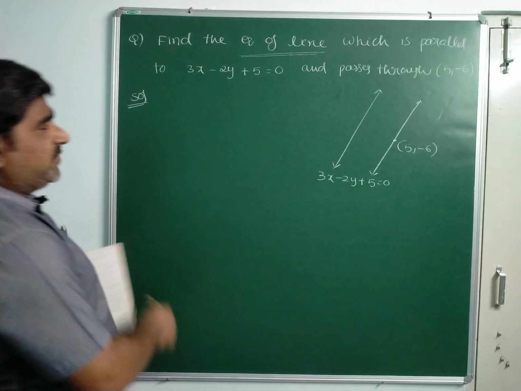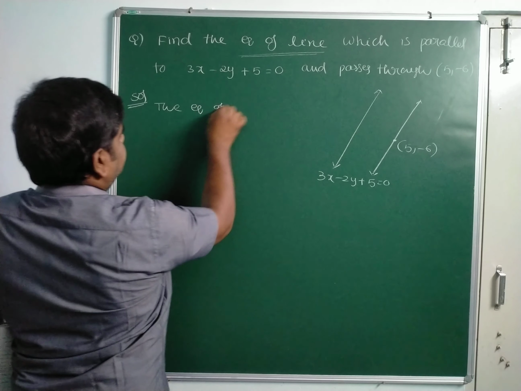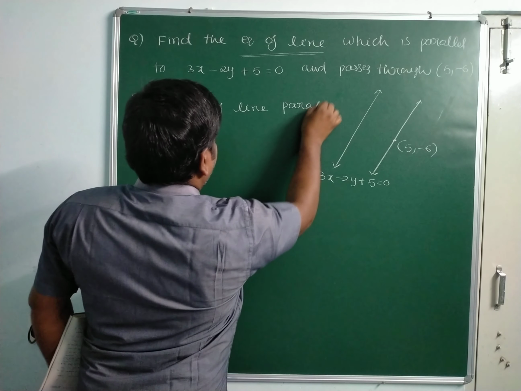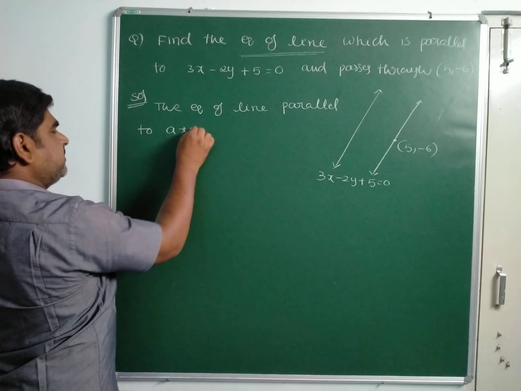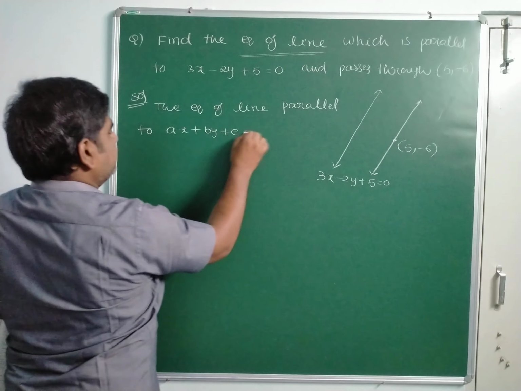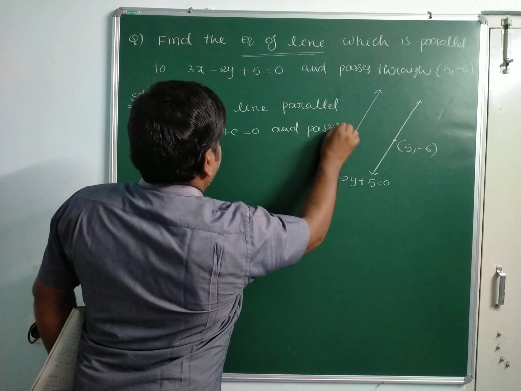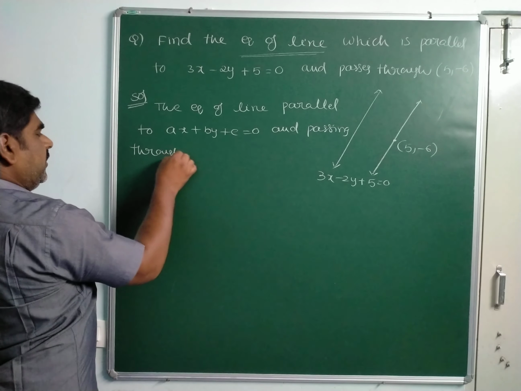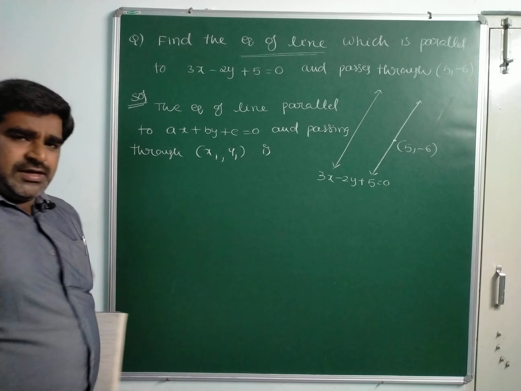In the last class, we discussed the equation of a line parallel to ax plus by plus c is equal to 0 and passing through (x1, y1).